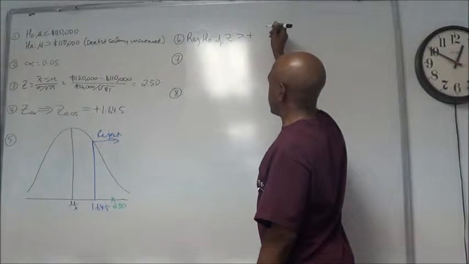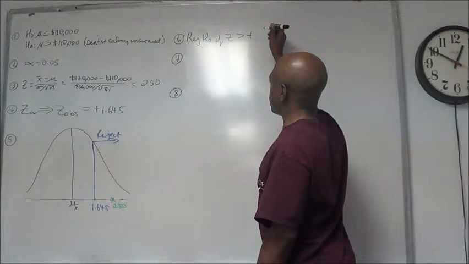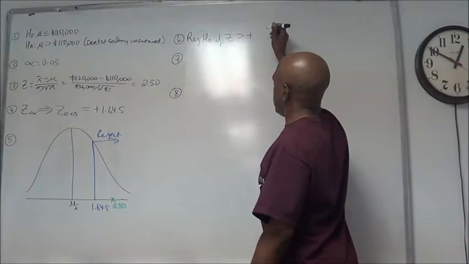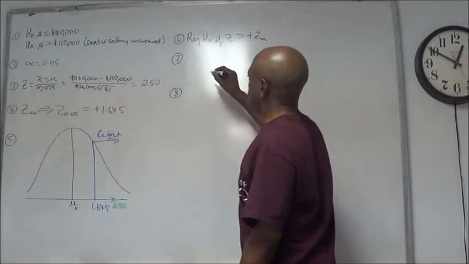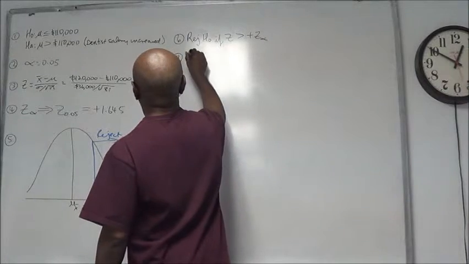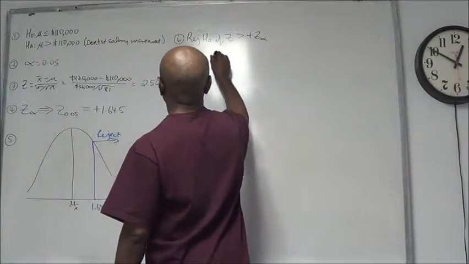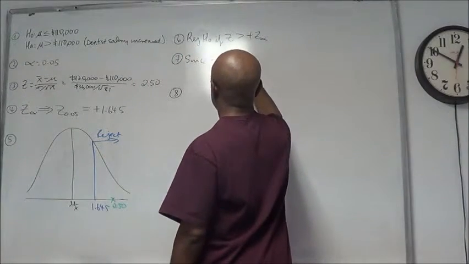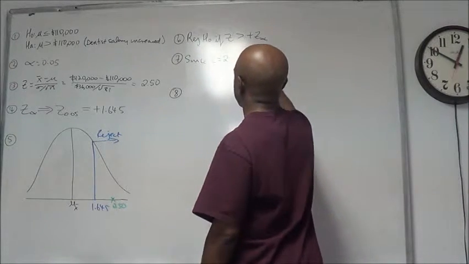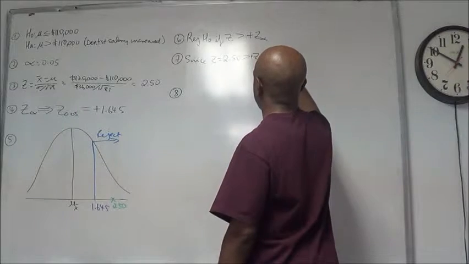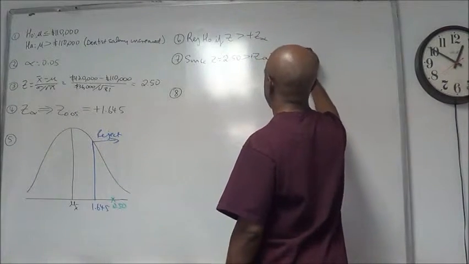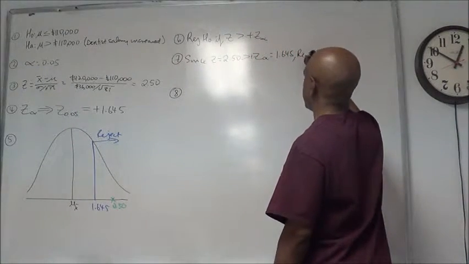It's greater than positive Z alpha. We said Z equals 2.50, which is greater than positive Z alpha equal to 1.645. We reject H0. Good.